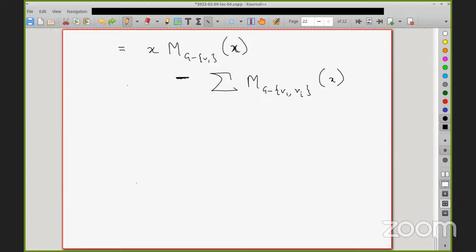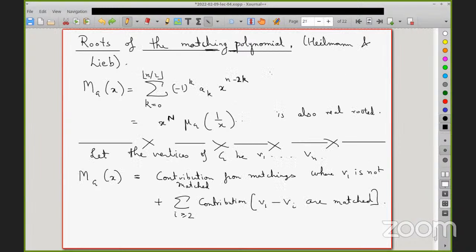Assuming that v1 vi is actually an edge, right? So I should only go over the neighbors. If they're not neighbors, then the contribution is 0, right? That matching does not exist.